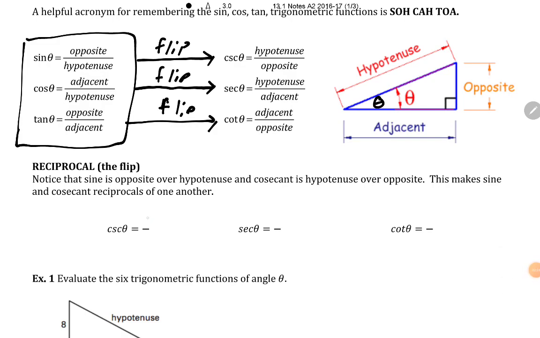So this is just 1 over the sine of theta. This is 1 over the cosine of theta. This is 1 over the tangent of theta. So it's just flipped over.